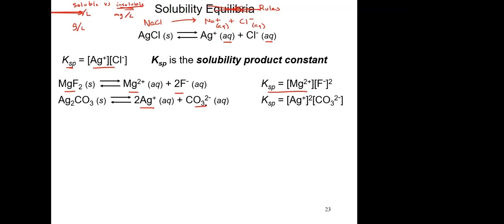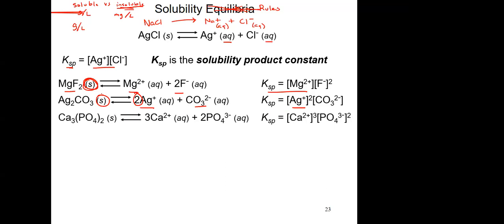So you have your Ksp equal to silver ion squared, because you have 2 here, times the carbonate. Now, as you could see, you don't include this one because what? Why you don't include this in the expression? You don't include solids or liquids. And you can also have this. And when you express it in terms of Ksp, this is what you get.